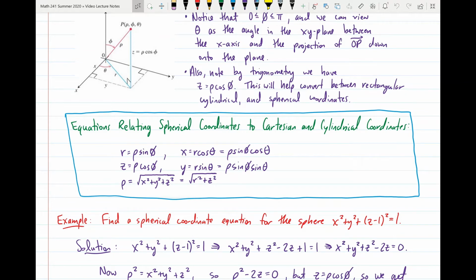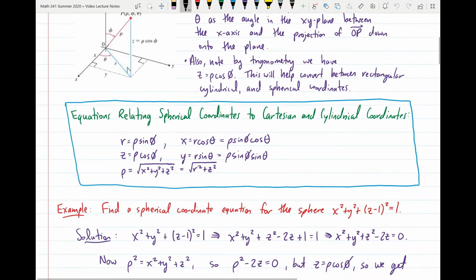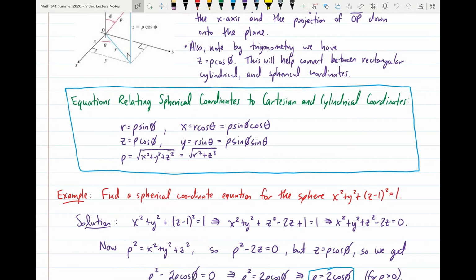And we still have that y is equal to r times sine theta from cylindrical coordinates. And now using the fact that r is equal to rho times sine phi, we end up with y is equal to rho times sine phi times sine theta. And then finally, one more relation that's a little bit unique to spherical coordinates, we have that rho is equal to the square root of x squared plus y squared plus z squared.